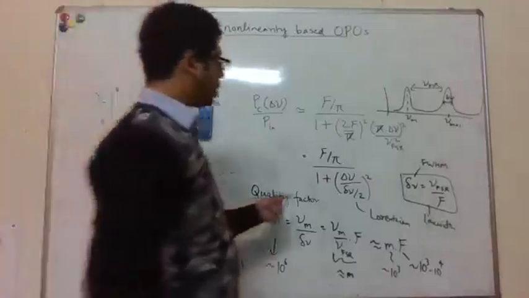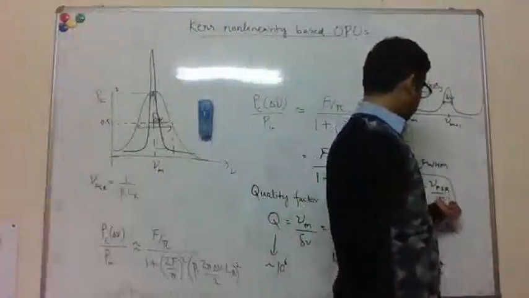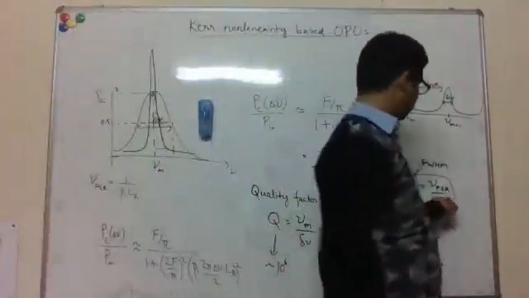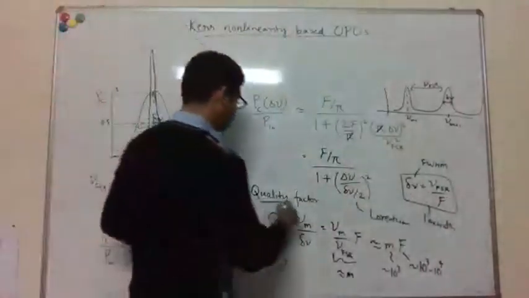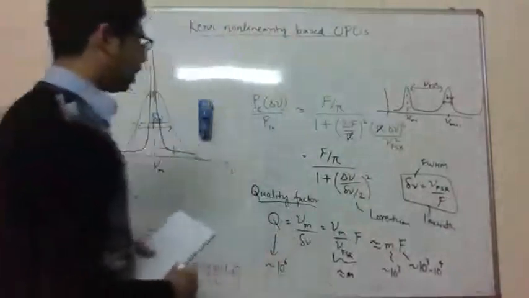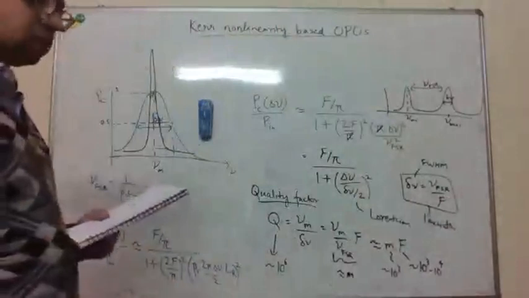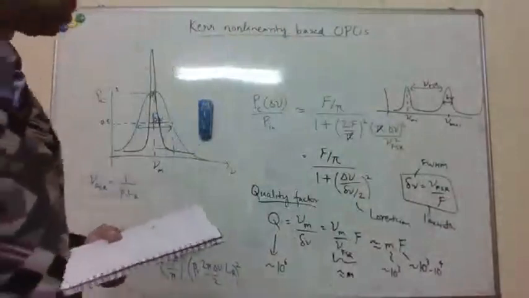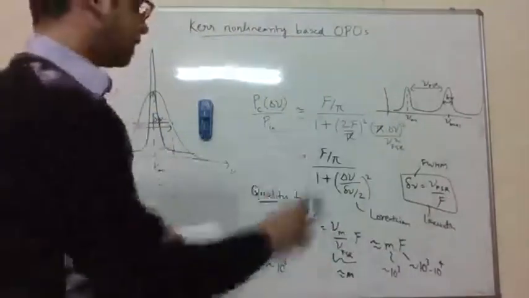Okay, so the physical manifestation of this finesse was basically how many round trips the photon makes in the cavity, right? What is the physical meaning of this Q? It is basically how long the photon stays in the cavity. So it's almost the same thing, just measured in different units.